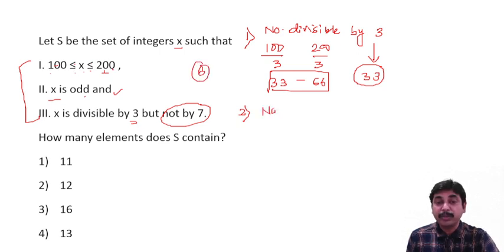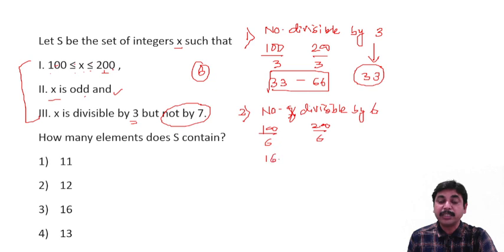So figure out the number of numbers divisible by 6. So 100 divided by 6 and 200 divided by 6. If you divide 100 by 6, you will get 16, since 16 sixes are 96. And if you divide 200 by 6, 33 sixes are 198, carry 2. So the subtraction is 17. There are 17 numbers which are divisible by 6.